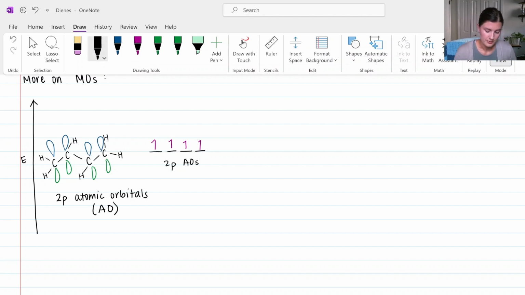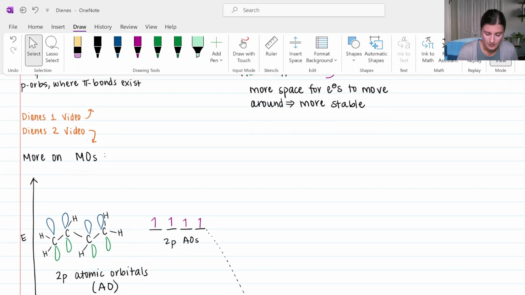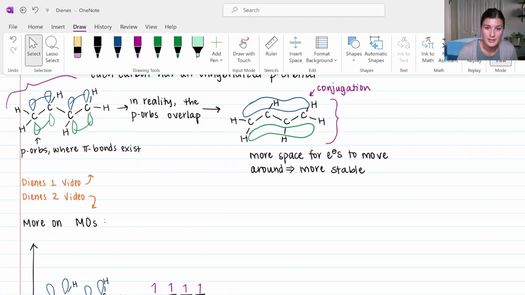Now we have our atomic orbitals, all the information we need set up on the energy scale. We can show how we combine those to form the molecular orbitals. In the molecular orbital picture that we drew previously, so this one, I will be copying over.